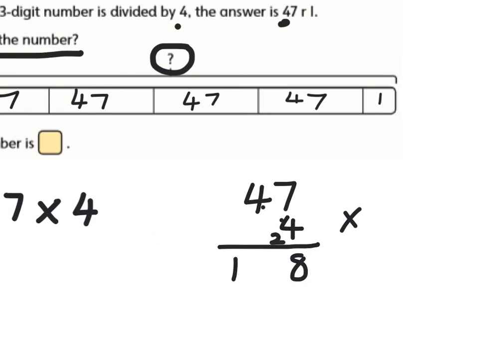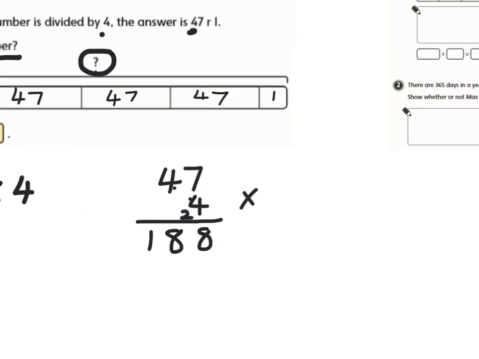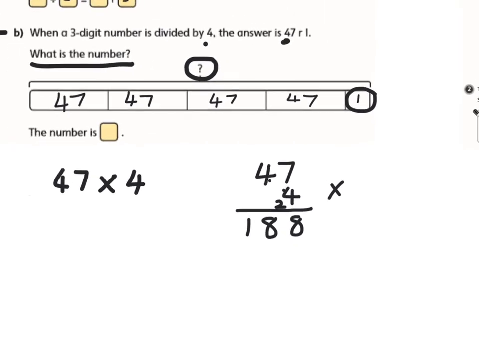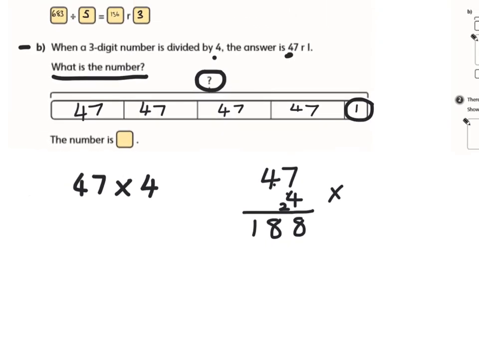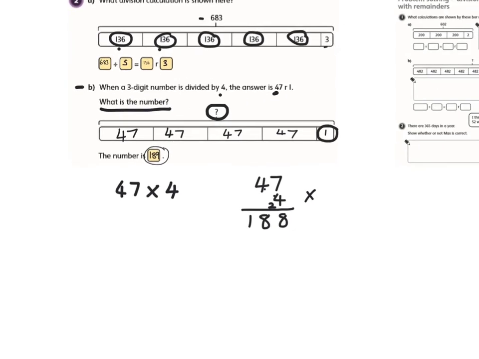Add your 2 is 18. So that'd be 188. But then we've got our remainder, haven't we? So we have to plus our remainder. So it'd be 188. Add your 1, and the number would be 189. So again, well done if you've got that right.